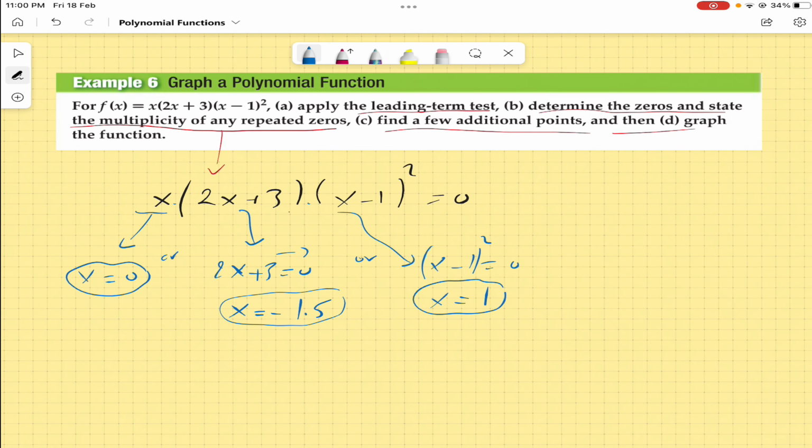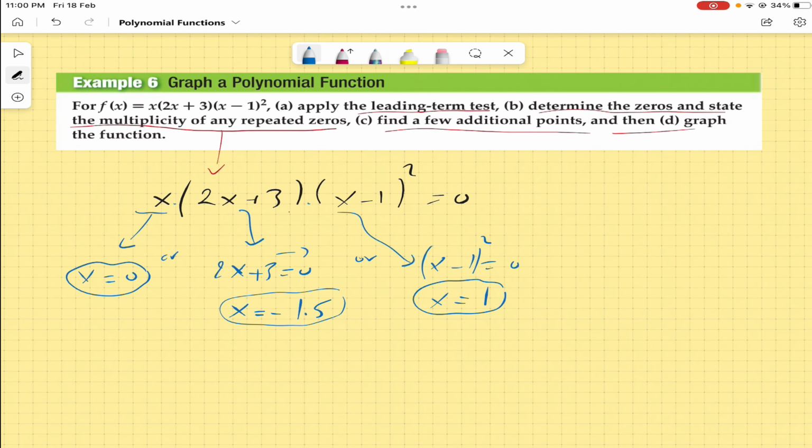Now we're going to talk about the repeated zeros and the multiplicity. Look at the power of each factor. So x here has degree 1. The second factor has power 1. And the third factor has power 2. The one that has power 1 means the multiplicity is 1.